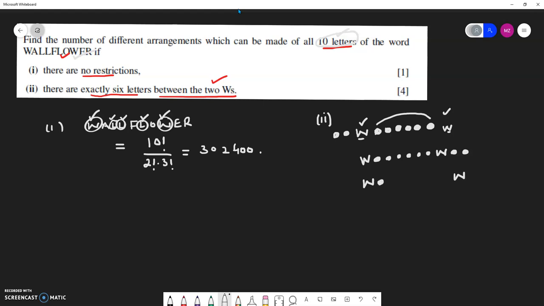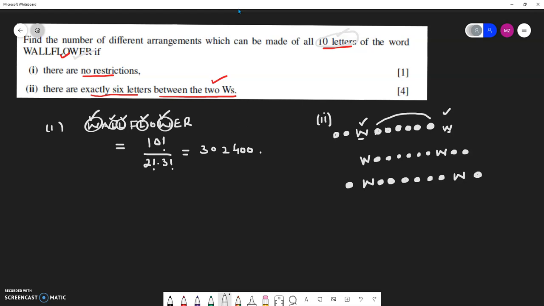The compulsion part is 2 W's and 6 letters in between. So these dots represent letters: 1, 2, 3, 4, 5, and 6. Now one letter may be placed here and the second letter may be placed here.